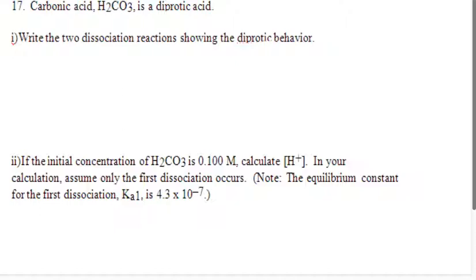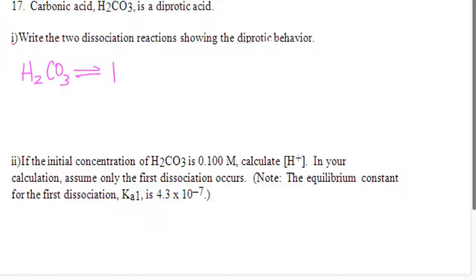So for practice, let's go ahead and write the two dissociation equations associated with carbonic acid dissociating. So we're going to start, and we're going to dissociate this into what? Stepwise.